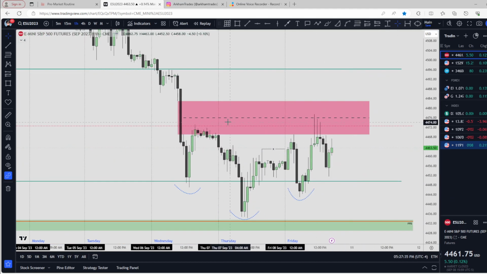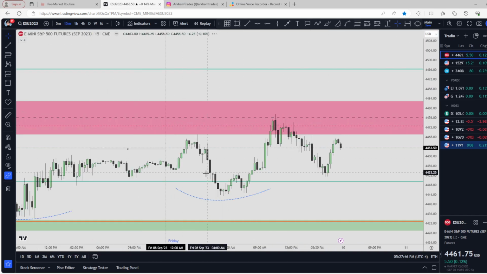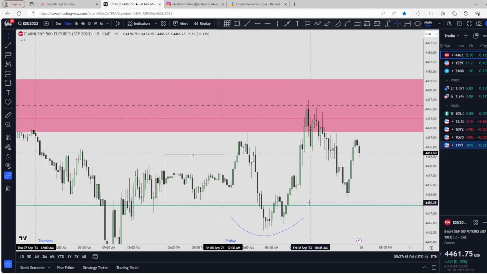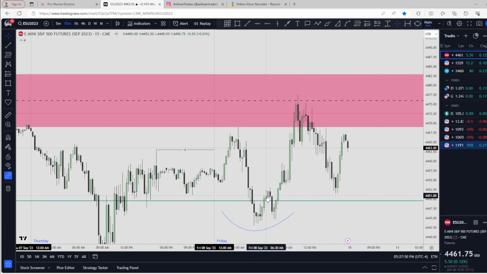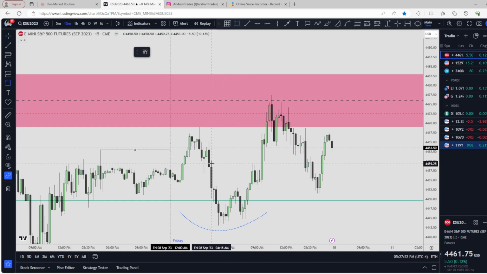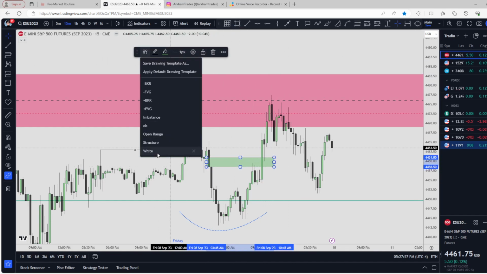And as well, we have our more precise drawn liquidity, which is 50% of this H1 fair value gap. So we're being even more precise. Then we come down to M15. Same exact thing. This then becomes an inversion.